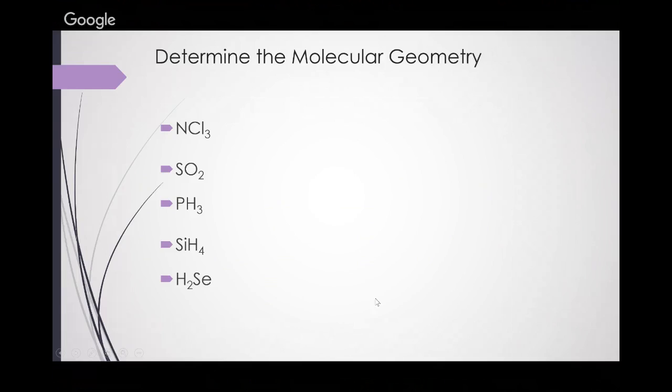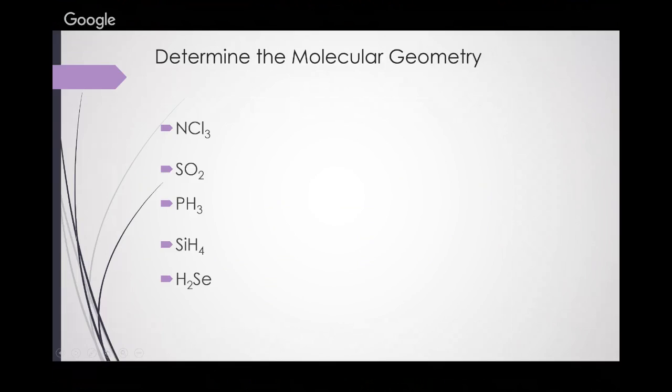Phosphorus trihydride is similar in structure to nitrogen trichloride. Phosphorus is going to have a lone pair of electrons, single bonds to each hydrogen, which results in a 1 plus 3 is 4. So that tells me my shape is trigonal pyramidal, and my bond angle is about 107 degrees.